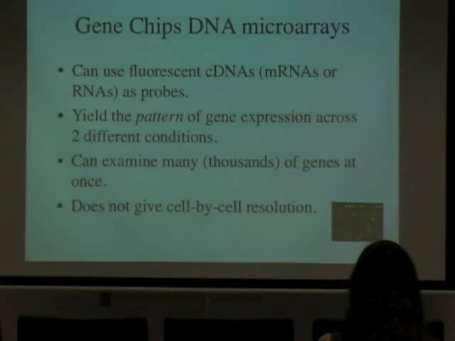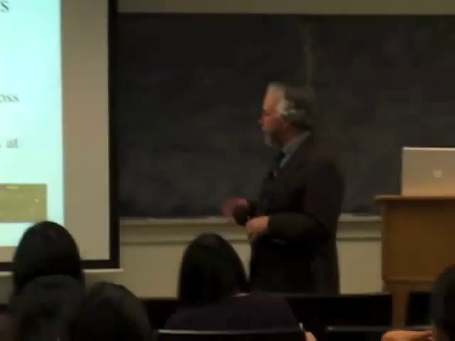And so I believe the way that they got that relative expression was to look at cDNAs that came out of an olfactory bulb, say, relative to a standard mix of genes. It allows us to look at thousands of genes at once. The downside, at this juncture at least, is it doesn't give cell-by-cell resolution. You have to look at region by region.